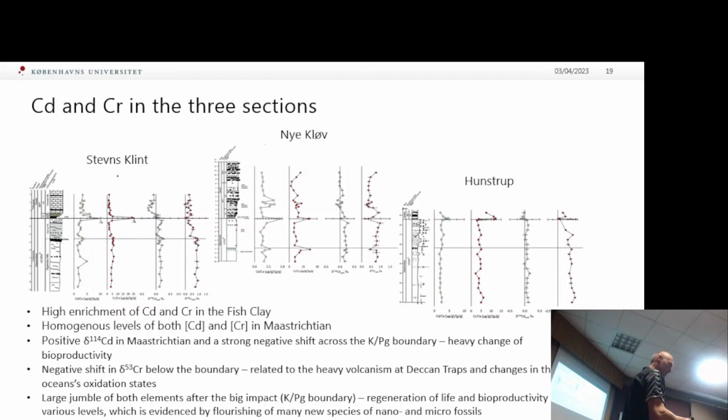No, upwelling is not the only answer, but it seems, from all the studies that have been published at the moment, that cadmium isotopes are very much related to bioproductivity.